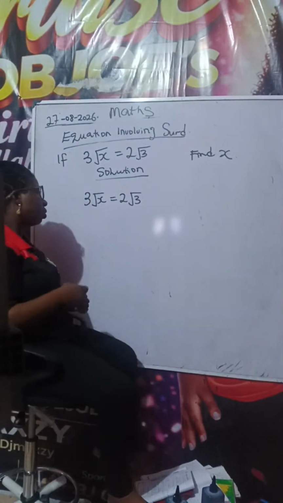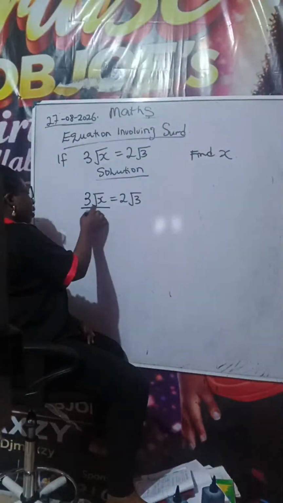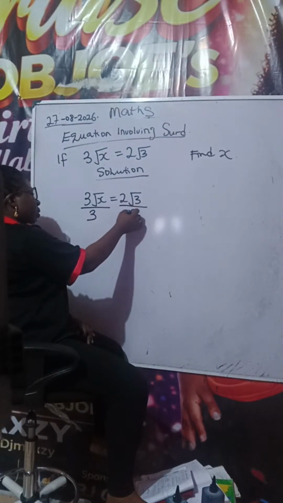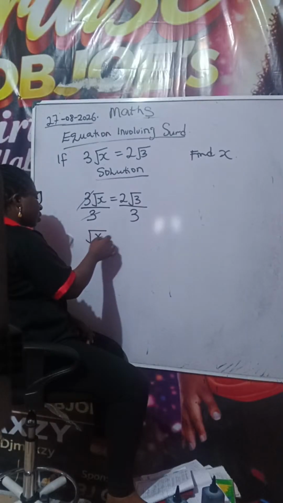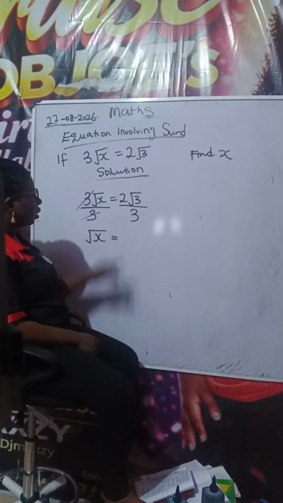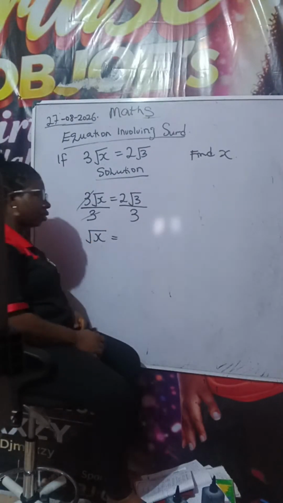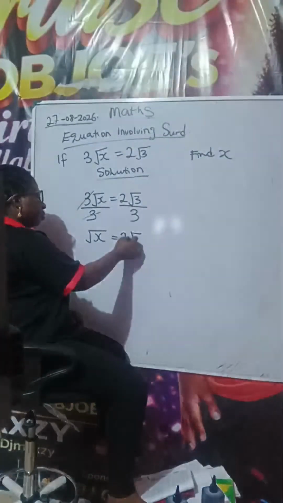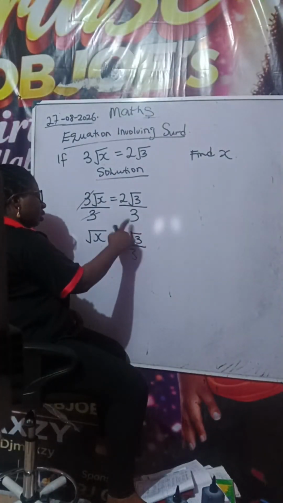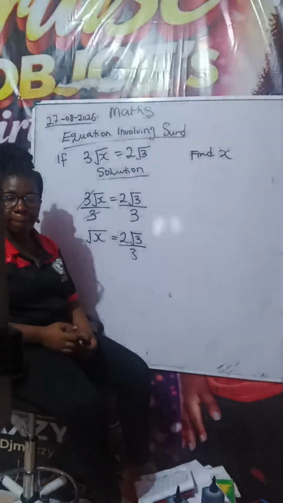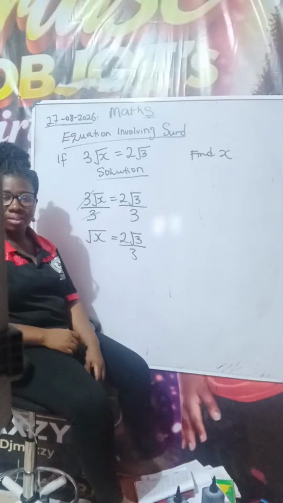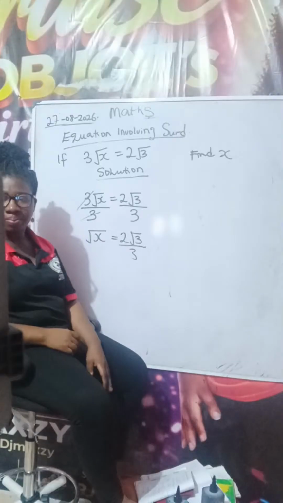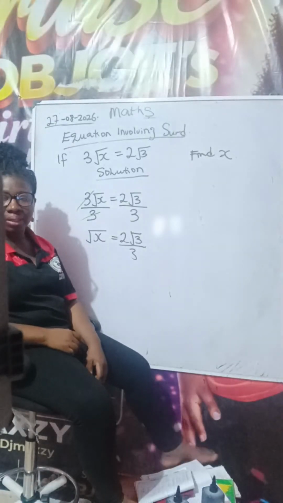So divide here by 3, divide here by 3. This removes the 3, so we have root x equals this. Can we divide this one? It's not possible. Division can't take place.